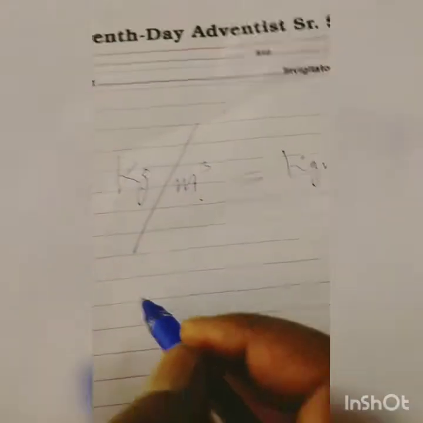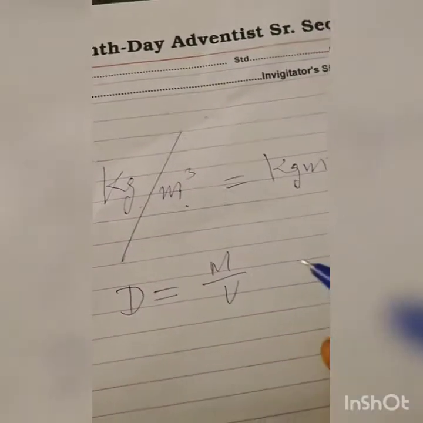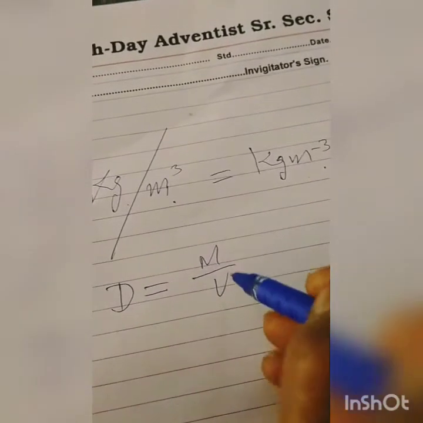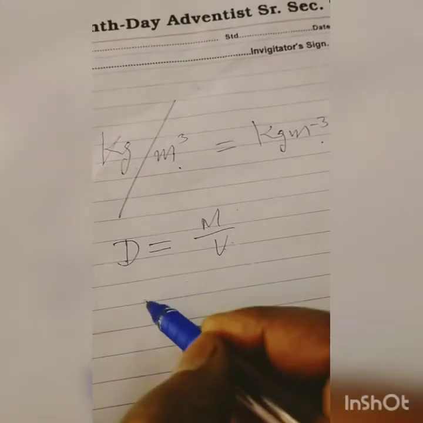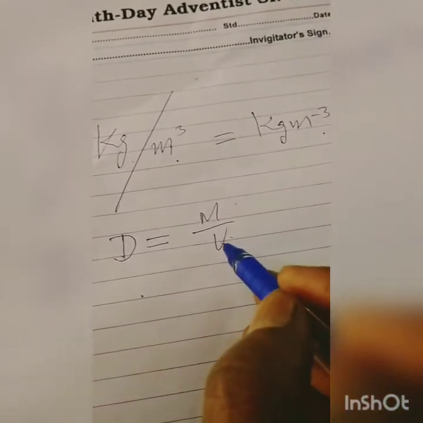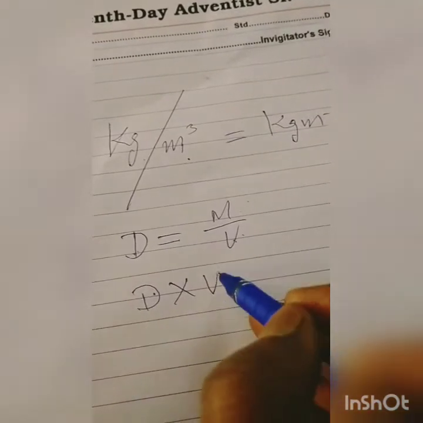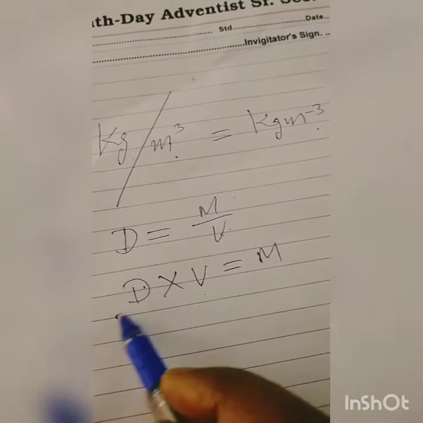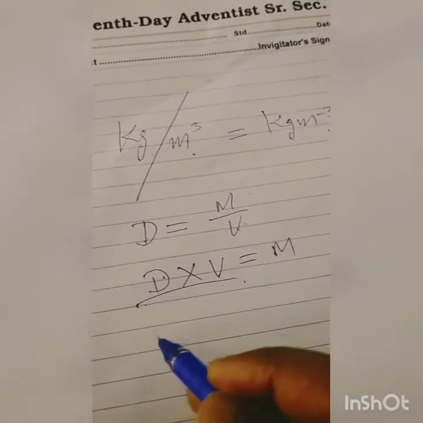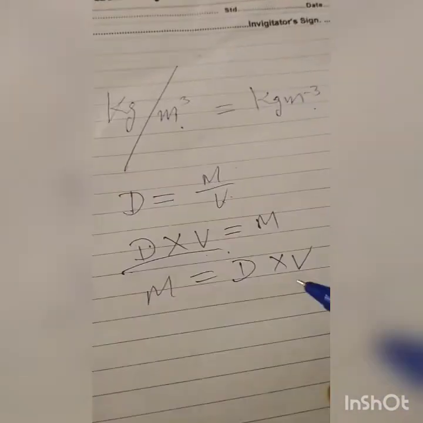Okay, so you can find density, mass and volume if they are given, and there are three quantities in this formula: density equals mass upon volume. So if mass and volume are given, you can find density by dividing, and if you have to find mass, then take volume to this side. So density into volume equals mass. Okay, this is the formula to find mass, or you can write mass equals density into volume.